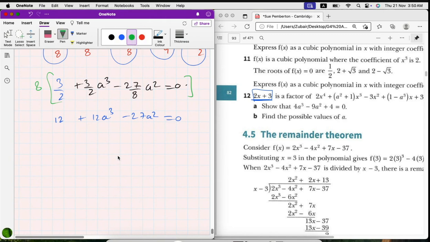Even if you would take the LCM, it would still get rid of the 8, the denominator. At a later step, the denominator would go on the right hand side and multiply with 0. Okay. Now all these are divisible by 3. This is 4a cube minus 9a square plus 4 is equal to 0.